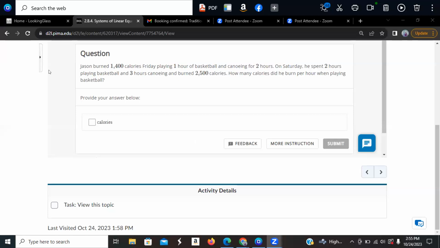All right, so this is actually just like the previous one, meaning that it's just different numbers, but the same sort of setup here. But let's see if you can tell me the two equations to write. I'm going to share my screen.